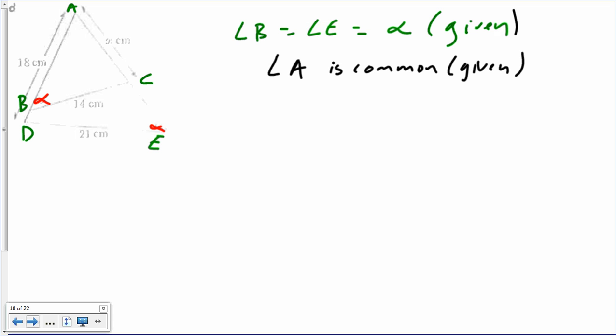So we've got those two. Therefore, triangle A, B, C and triangle A, E, D, because here we went from common angle to alpha, so here we need to go from common angle to alpha, are similar.